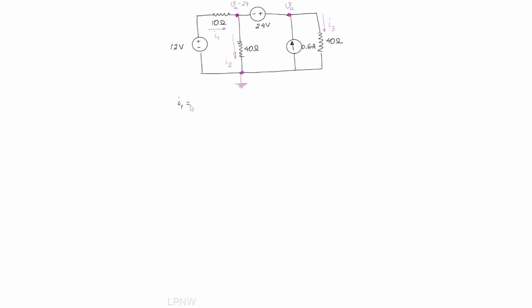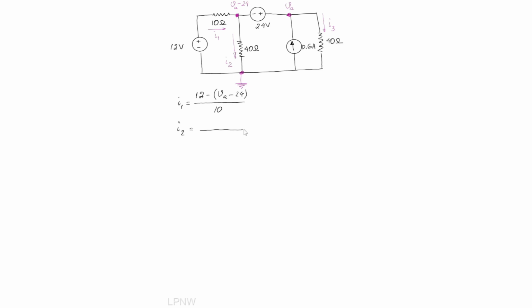I1 is a voltage over resistance, so let's organize here the nodal difference. The nodal difference is going to be the 12 volts at the positive end minus the negative end, where we have the drop in potential, which is VA minus 24. All of this is divided by the 10 ohm resistor. I2 is pretty direct.